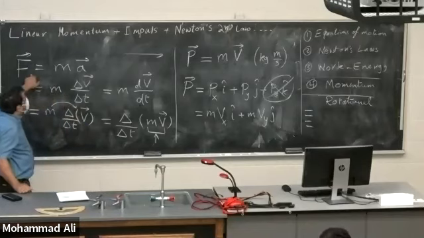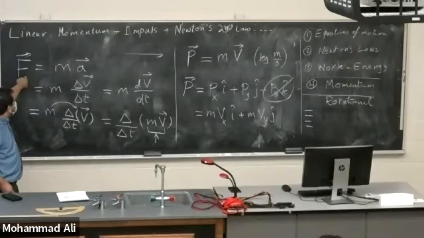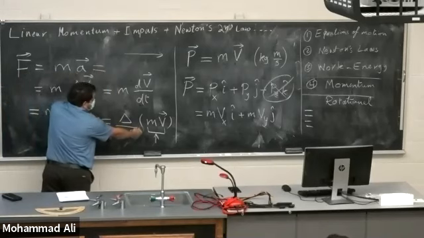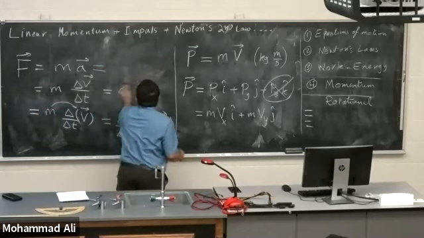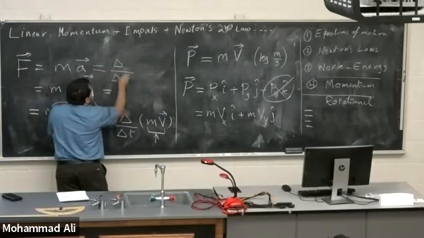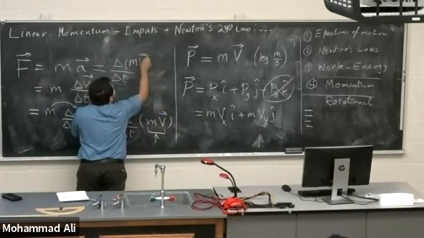If you look again at Newton's second law, we can see that F is ma, which is the final relation, delta over delta T of mv.